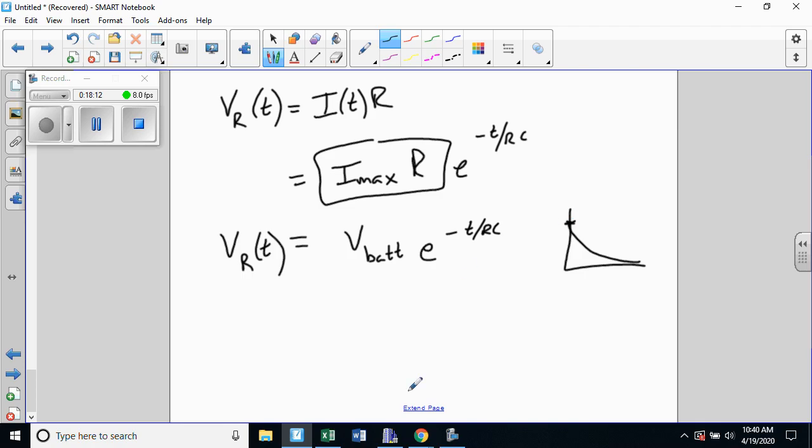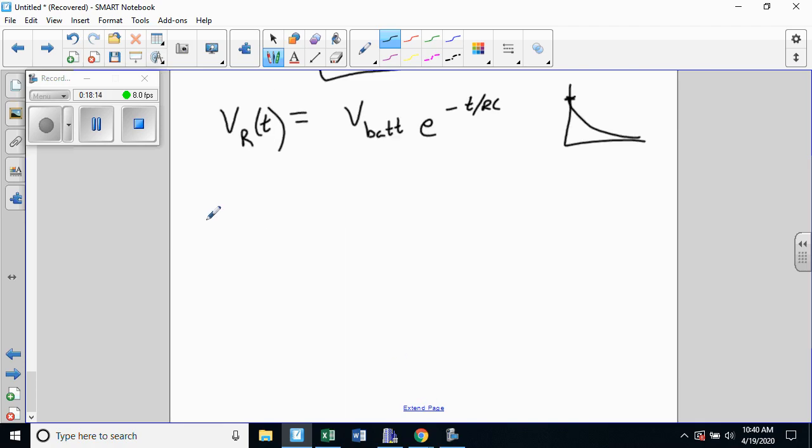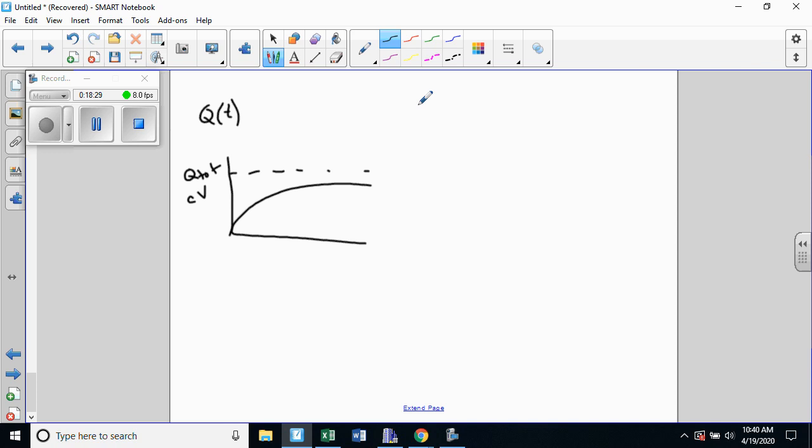So I'm going to draw then our four graphs that we have. We have charge as a function of time, charge on the capacitor, pretty simple. This was an exponential approach, and it's approaching Q total or CV. We also have V of the capacitor as a function of time.